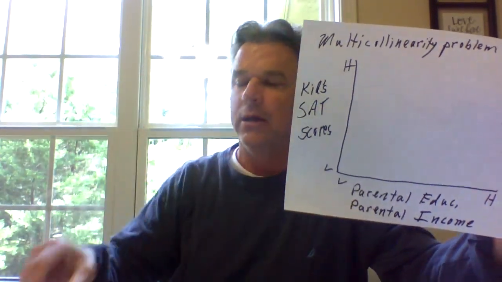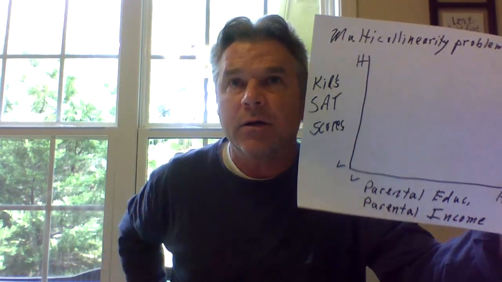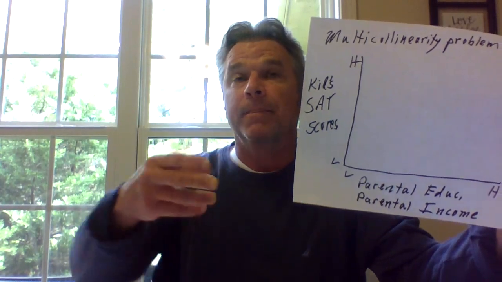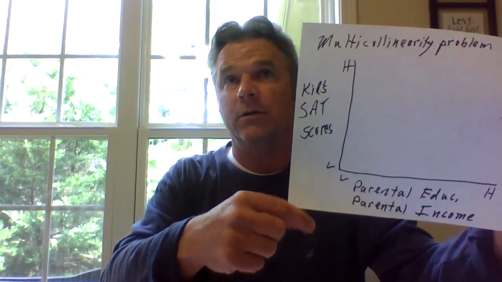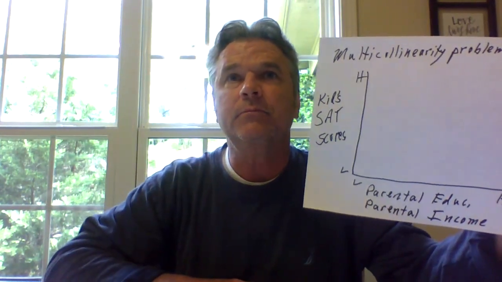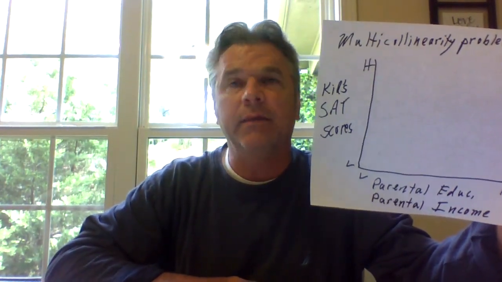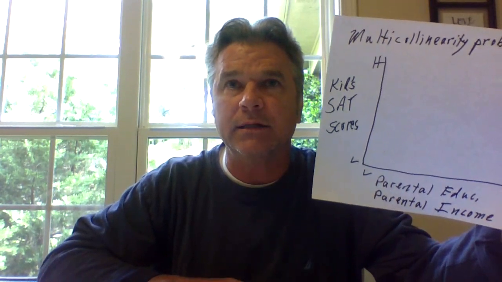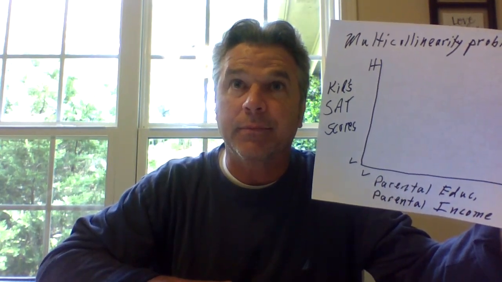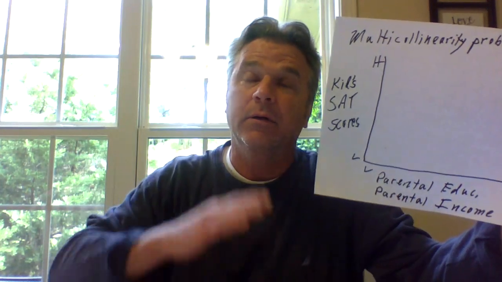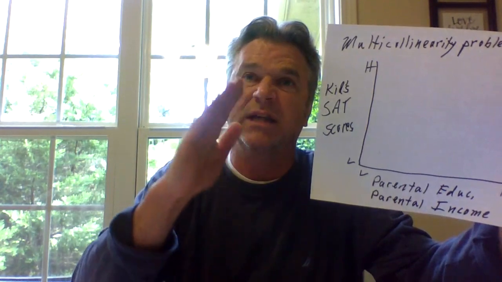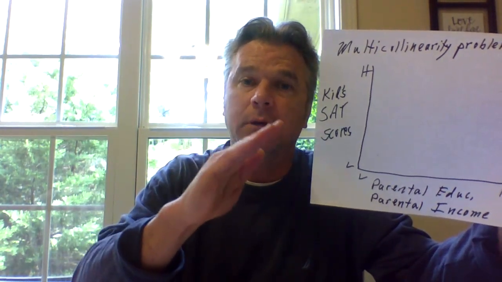And so, to avoid the multicollinearity problem, some researchers will just combine the variables that are really collinear into an index, right? And then you're more likely to get statistical significance, and your coefficient estimates are probably more stable and more accurate, right?